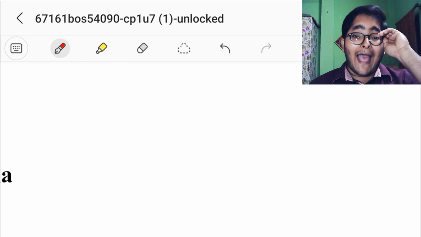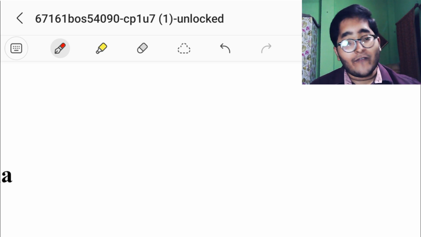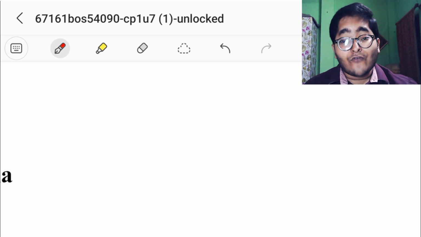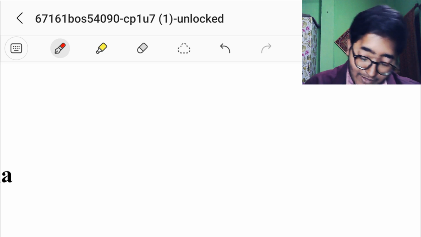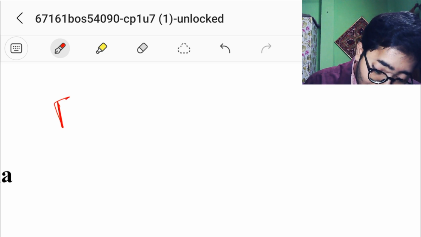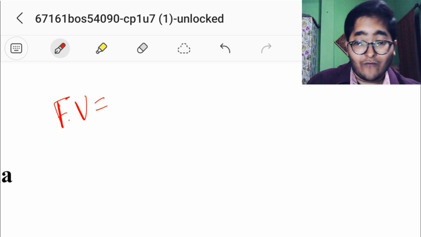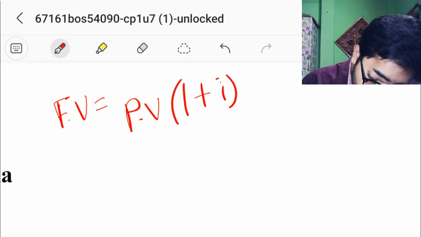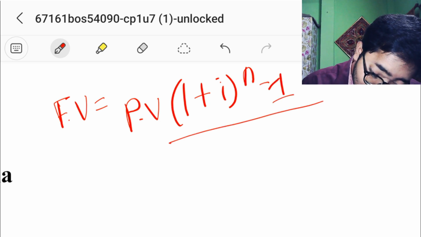So as per present value, what is present value of an asset? It is the discounted net cash inflows from an asset throughout the useful life of the asset. So यहाँ पे जो future value का formula है, future value of an asset is equal to present value multiplied by (1 plus i) to the power n minus 1, divided by i.